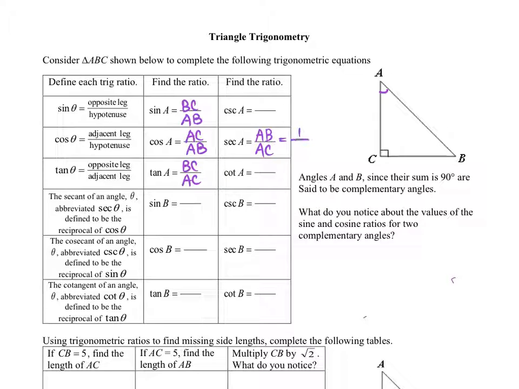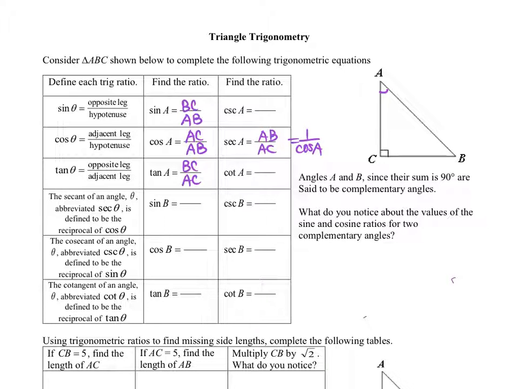In other words, it is 1 over cosine of A. That's AB over AC.